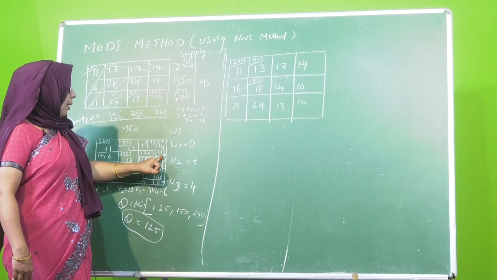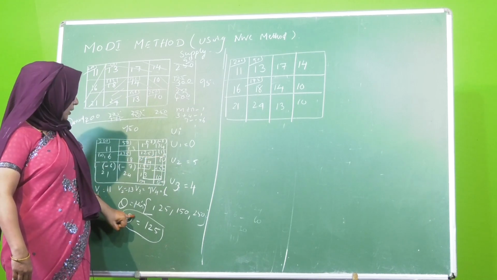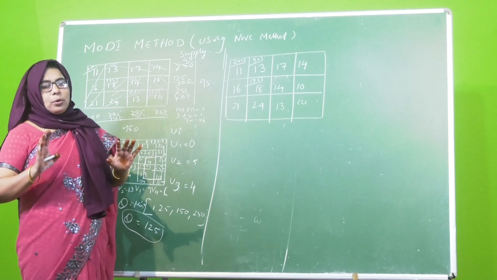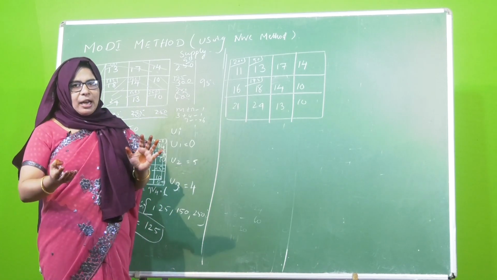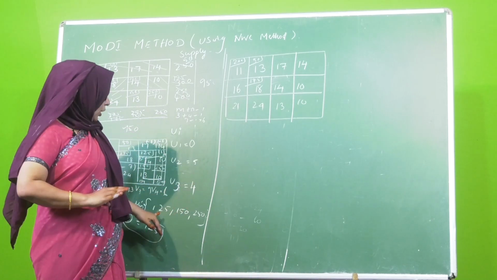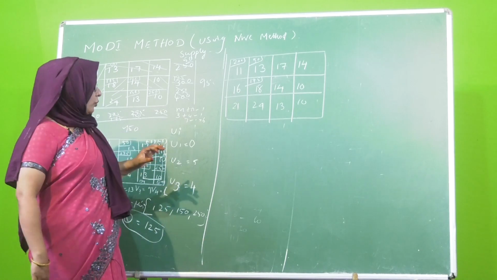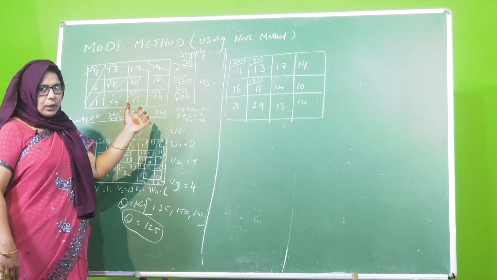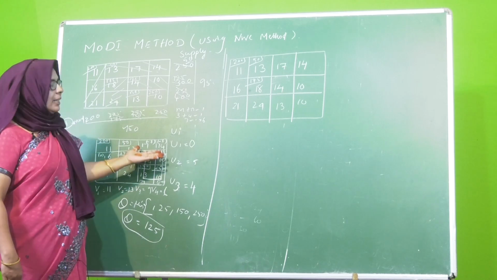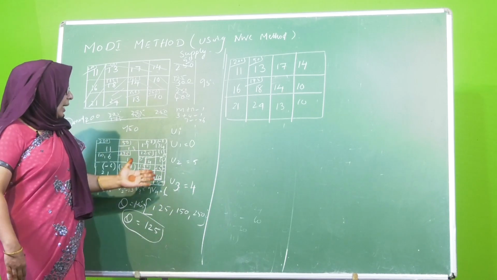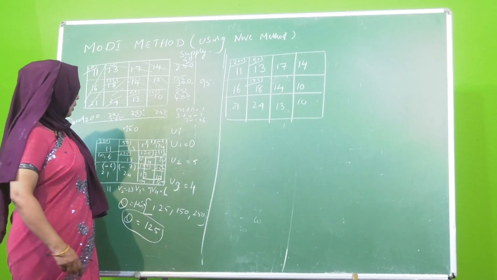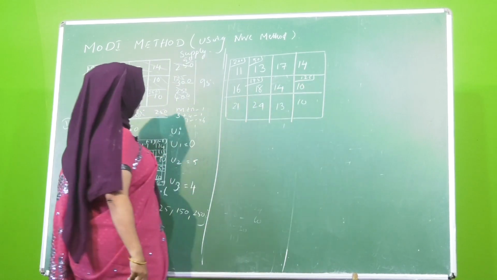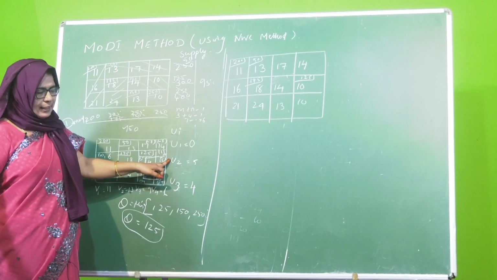For theta plus, you have to add theta, but the addition of the dummy value with the original allocation is not possible. So you delete the dummy value and insert the original allocation, that is the theta value. So we got the original value 125 as theta plus.